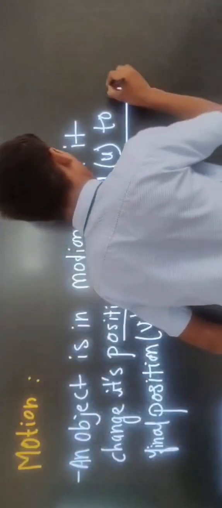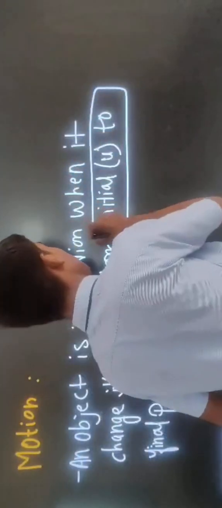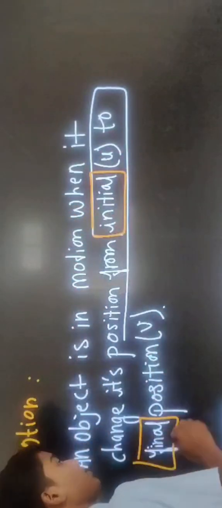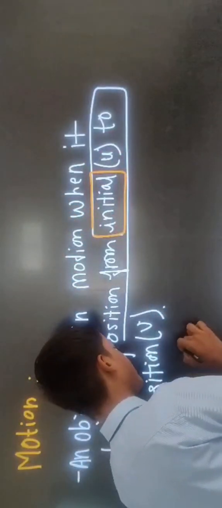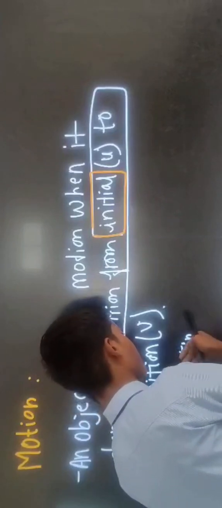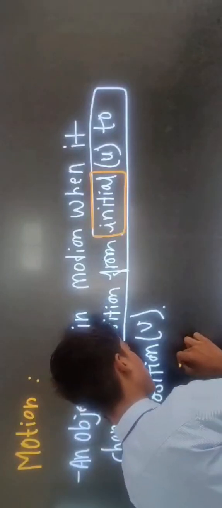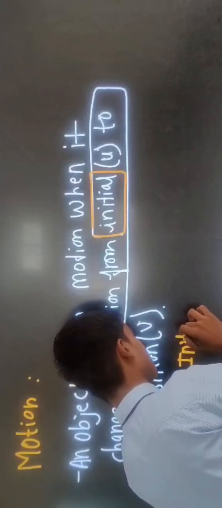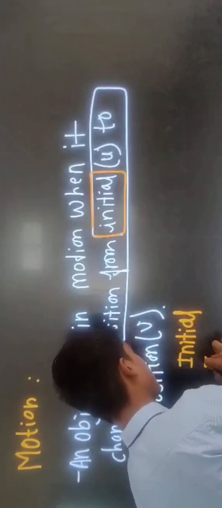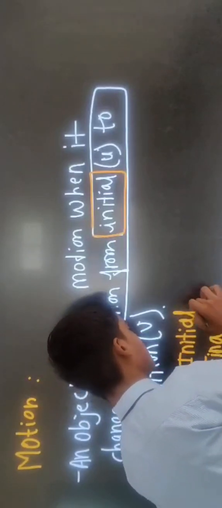An object is in motion when it changes its position from initial to final.